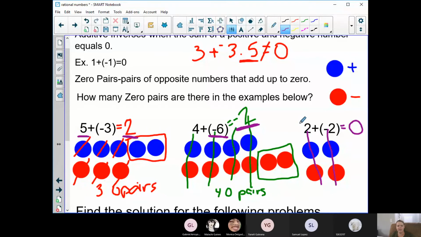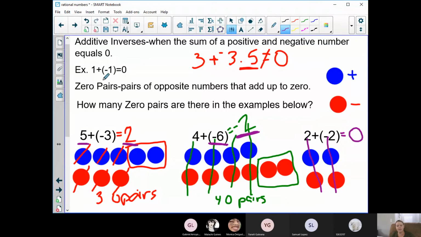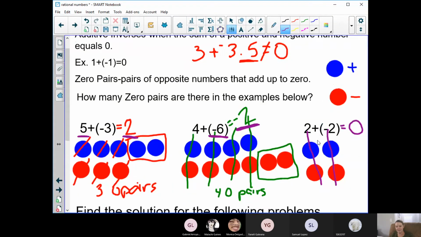And what do we call 2 and negative 2? What is that definition we learned at the very beginning? Additive inverses, okay?